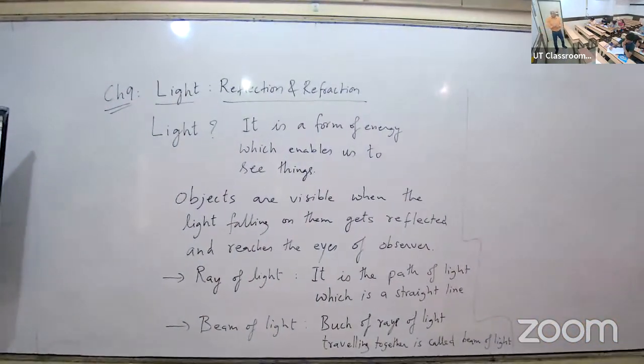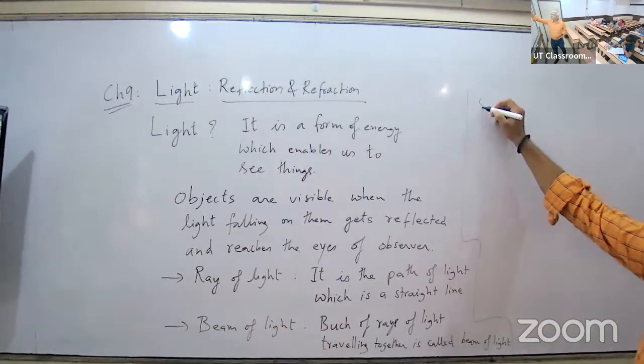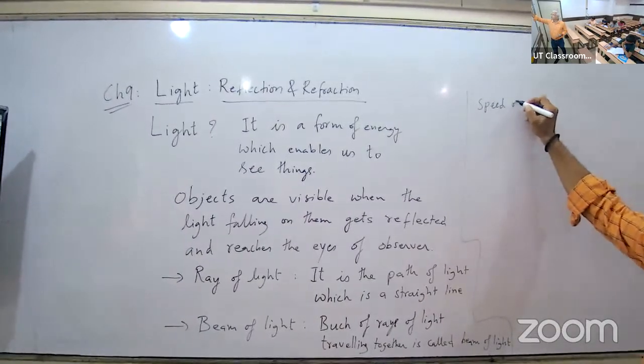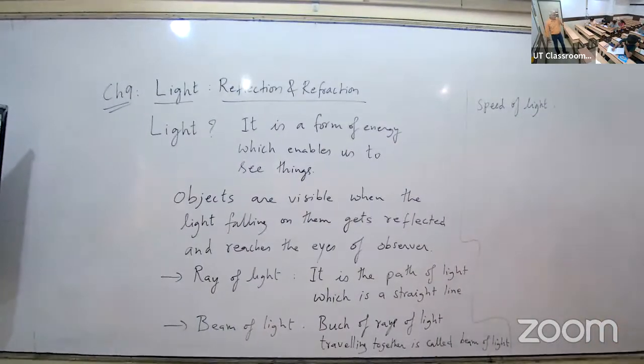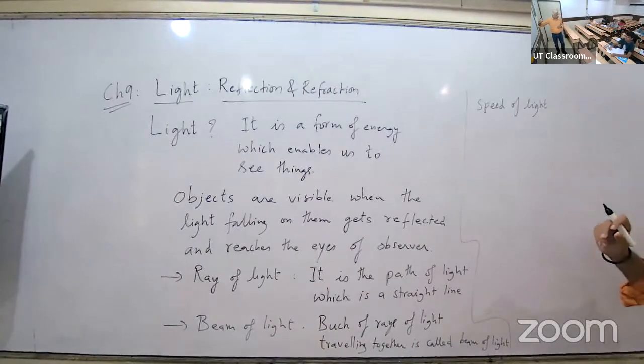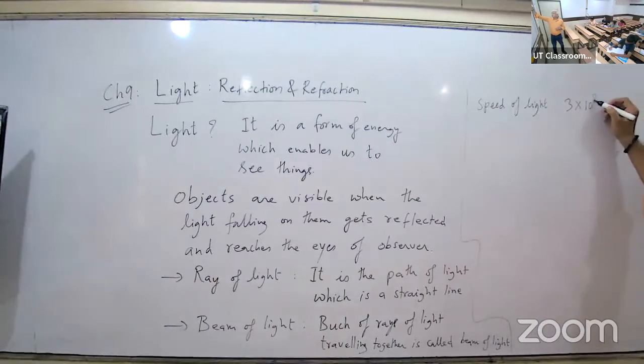Now we know that light travels in a straight line. So we need to know the speed of light. With what speed does it travel? What's the speed of light? Meter per second, very good. 3 into 10 raised to 8 meter per second.